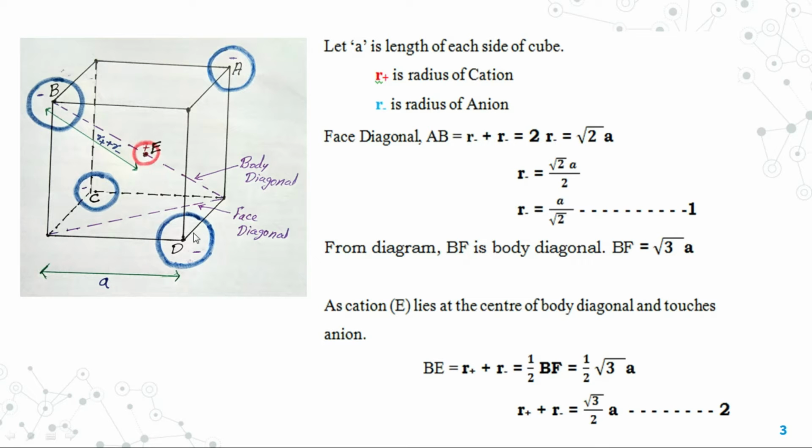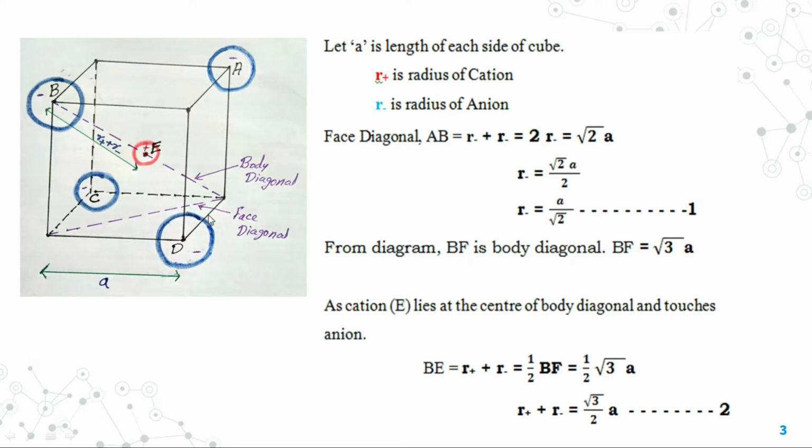Now in this diagram, the face diagonal, that is from this corner to this corner, and we know that these corner particles are in contact with one another, and hence the face diagonal is equal to R minus plus R minus, which is equal to 2R minus.